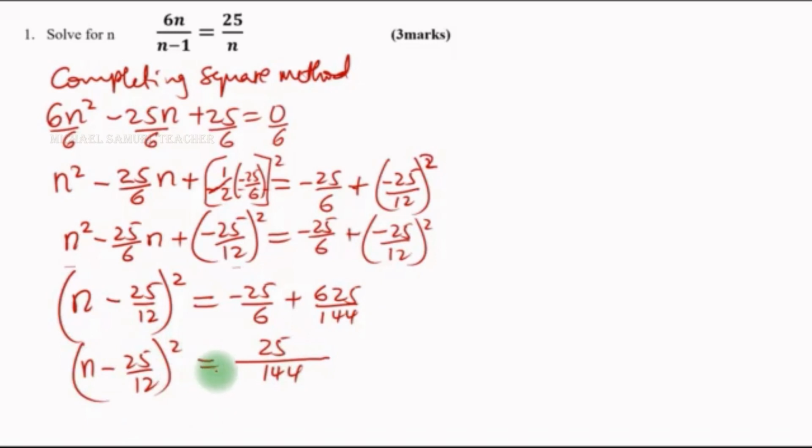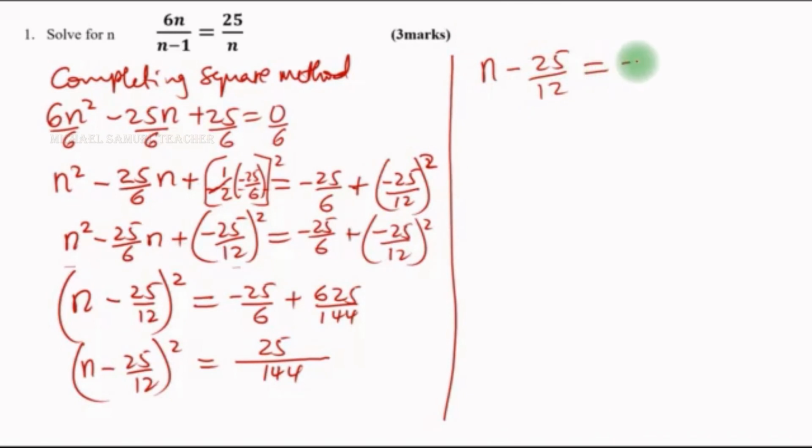So find the square root on both sides. If we do so, we shall have n minus 25 over 12 equal to plus or minus the square root of 25 over 144.